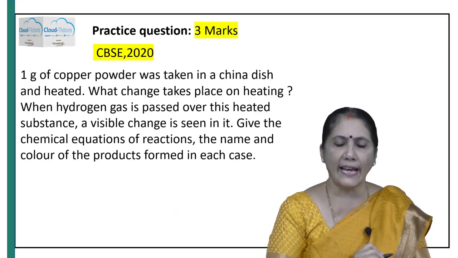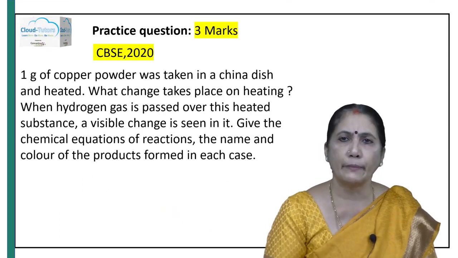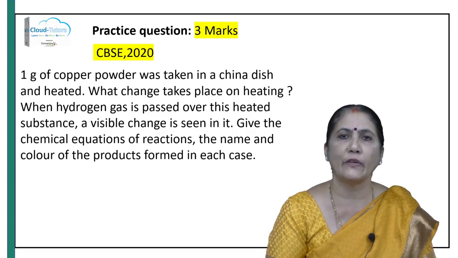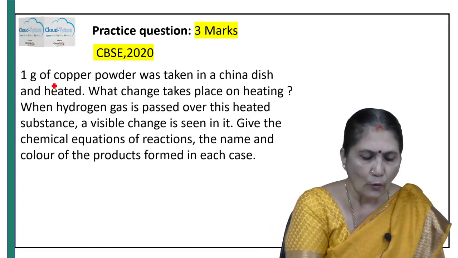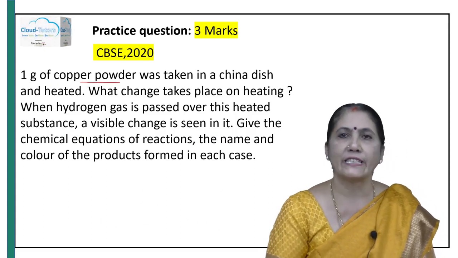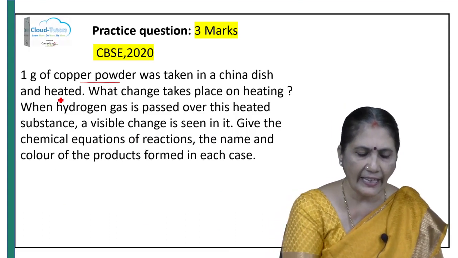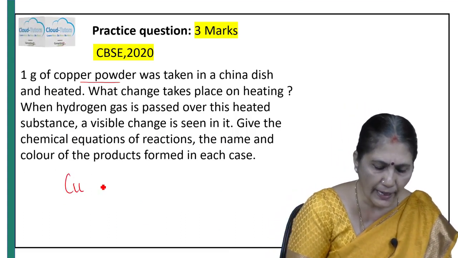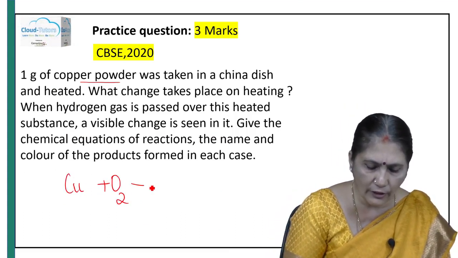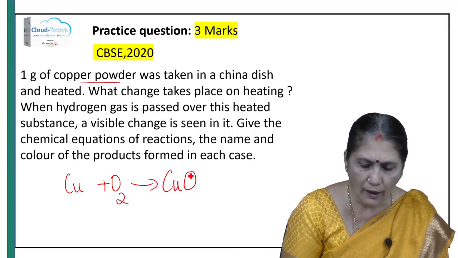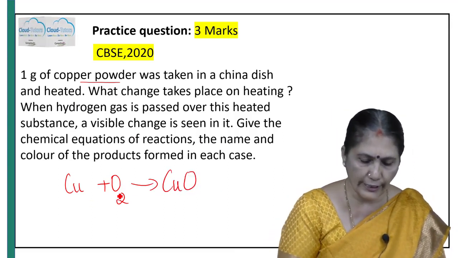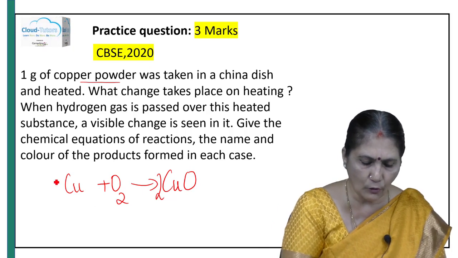Now, coming to the next 3-mark question that has been asked in CBSE 2020. 1 gram of copper powder was taken in a china dish and heated. That means copper is made to react with oxygen to form copper oxide. So Cu plus O2 gives 2CuO.